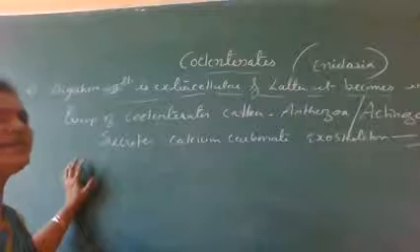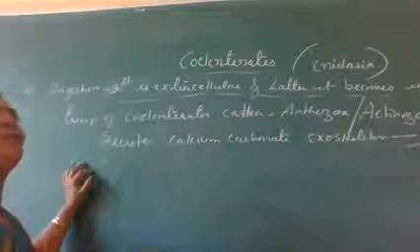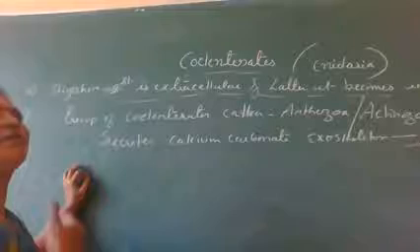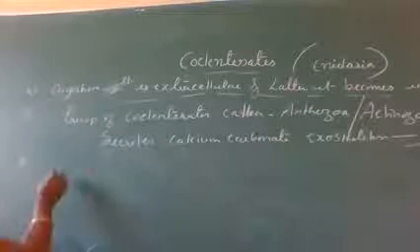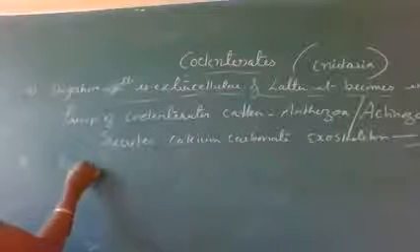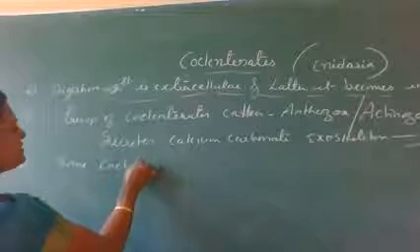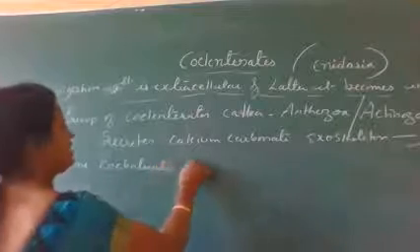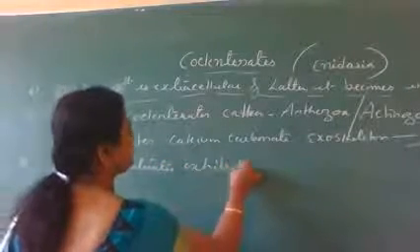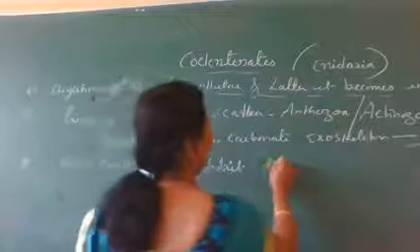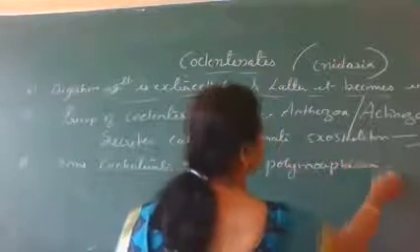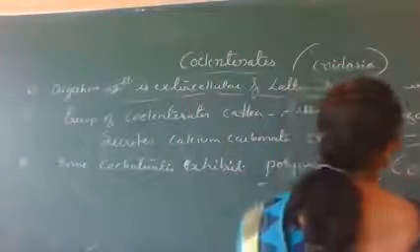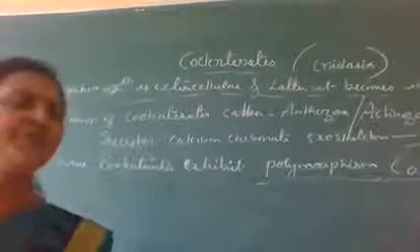In some coelenterates, the same animal is present in different forms. That is called polymorphism. Some coelenterates exhibit polymorphism, mainly the Obelia colony. So what is polymorphism?